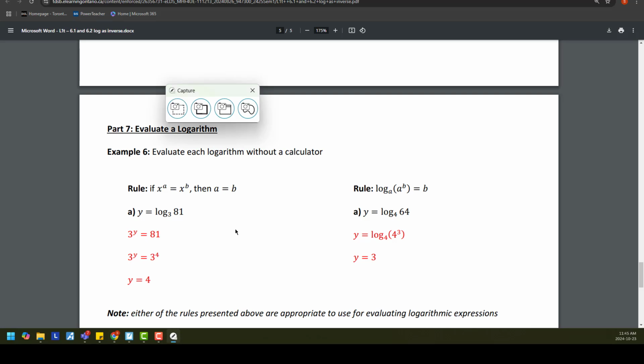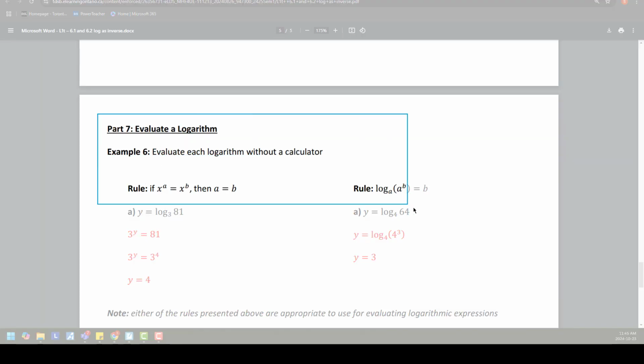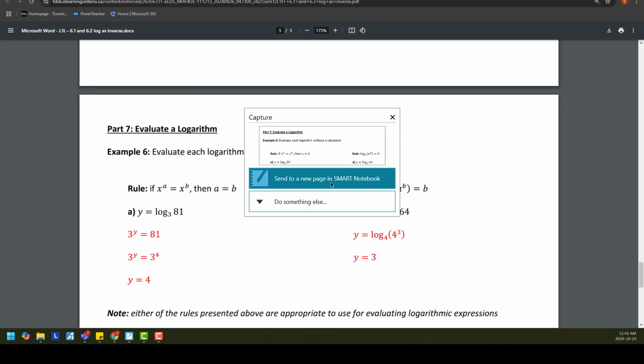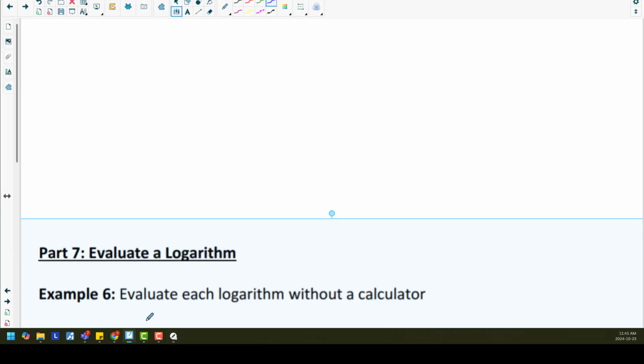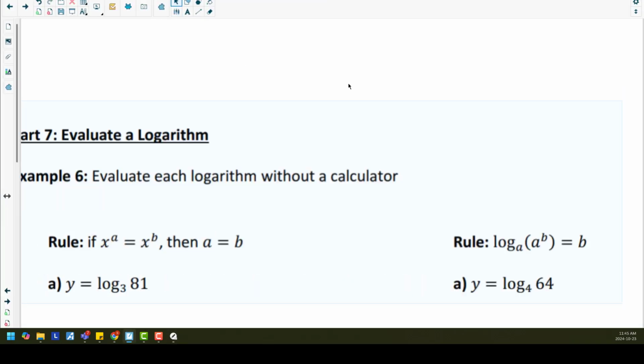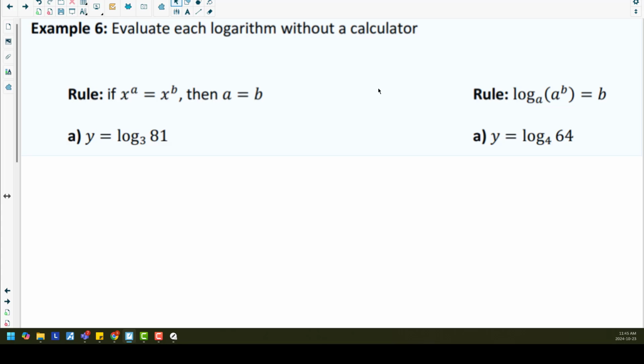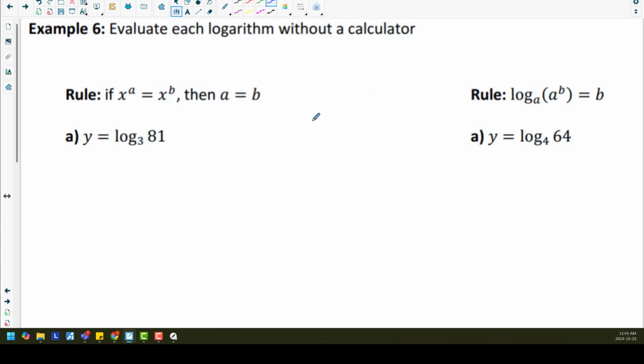Oh yeah, this is good stuff too. So there are a few ways to evaluate, meaning solve, the problem. When it comes to logs, you can use a calculator, or you can use some sense of exponents and whatnot. So here we have log base 3 of 81.